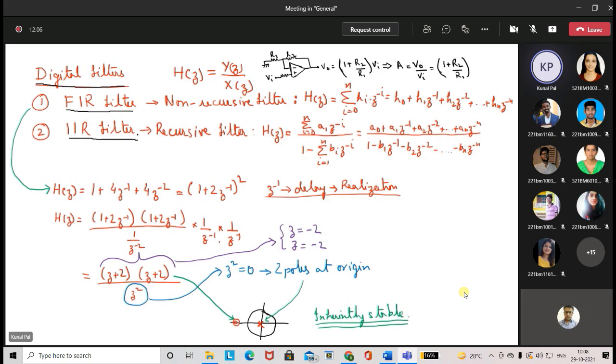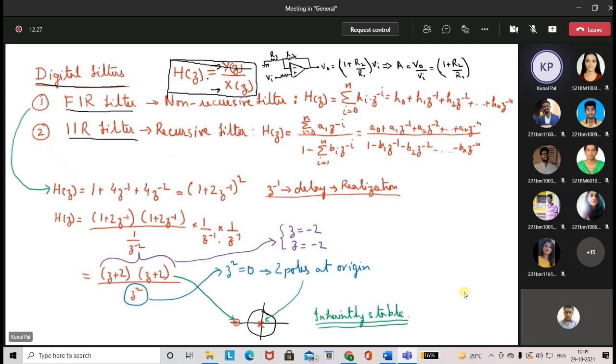I have also discussed that H(z) is given by Y(z) by X(z). And what is X(z)? X(z) is the input sequence and Y(z) is the output sequence.